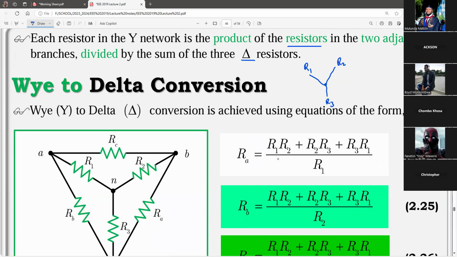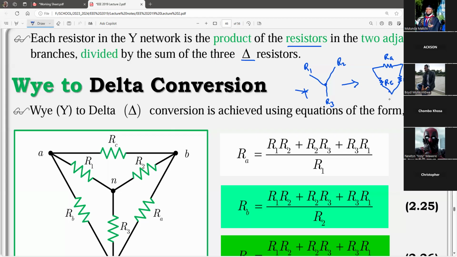Now you want to convert this to RA, RC, RB. So the numbering, how you name them or number them, is up to you. But let's assume you have that connection in R1, R2, R3, and you want to get the equivalent connection as RA, RB, RC. So you can see that this one is the Y and this is the delta. Okay, so we are moving from star to delta.